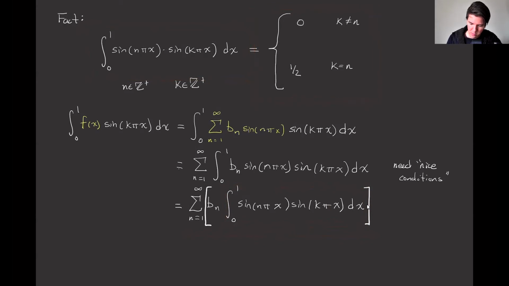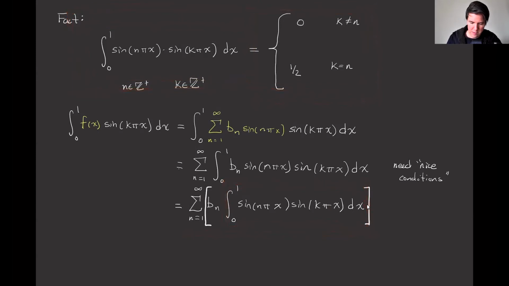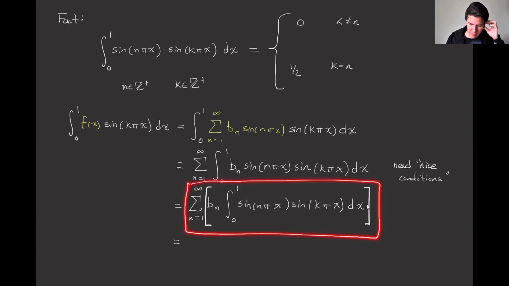So using that notion, this with the fact above, you can figure out what the whole series is going to be. So in the next step, we don't even need to write a series. What does this whole thing simplify down to using this fact?